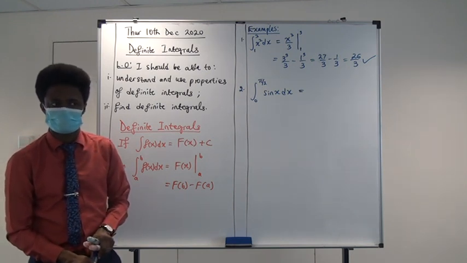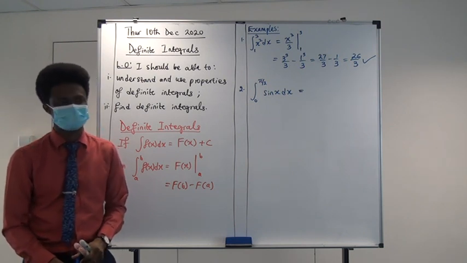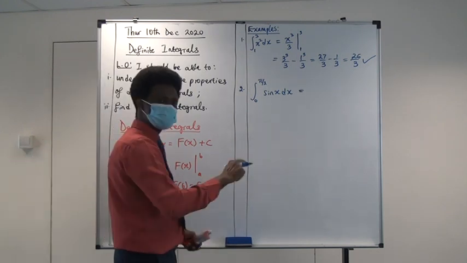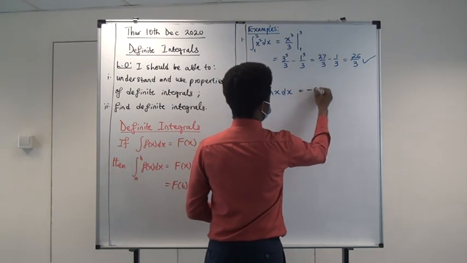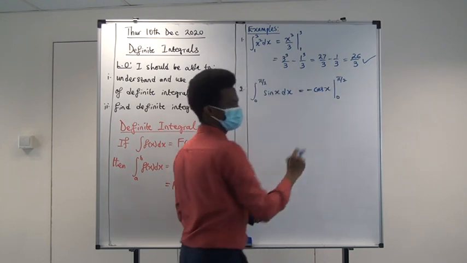Are you sure? Yes, you are right. The fact that I said no, you should be sure of what you are saying. I just said, just to confuse you. And I won. Derivative of sine is cos. Integral of sine is minus cos. So this is minus cos x within the limits 0, pi over 2.